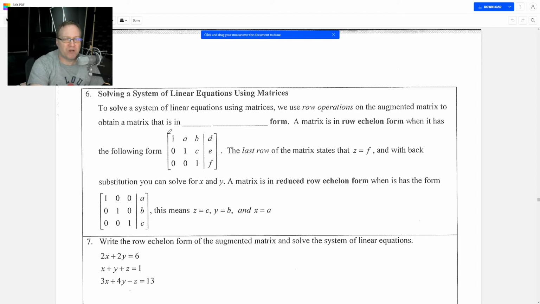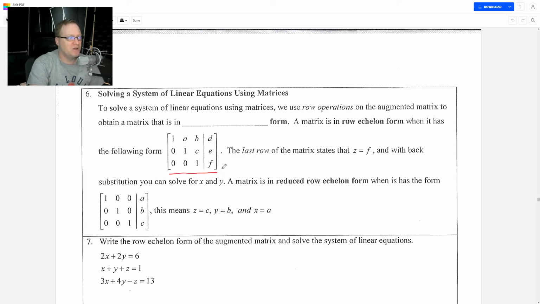We are going to use the row operations that we learned last week, and we're going to keep using those row operations to make our matrix look a certain way. We want our matrix to look like this.